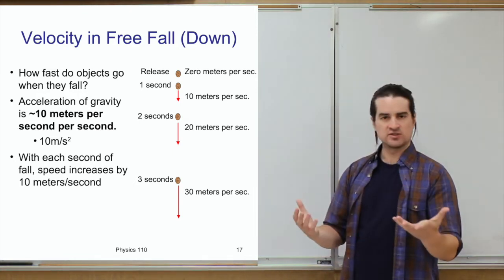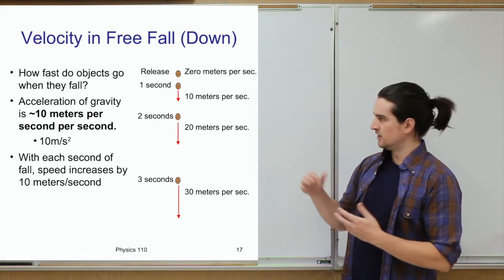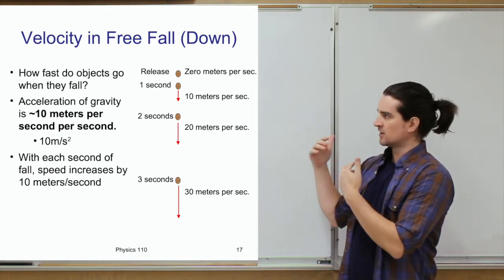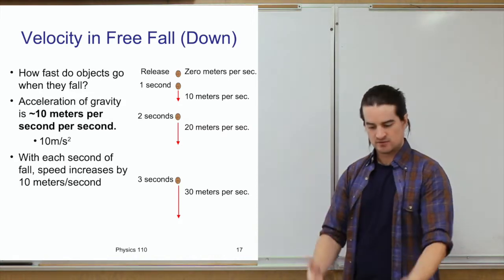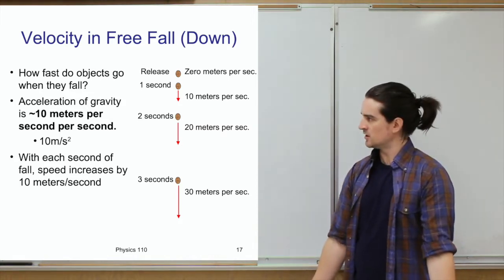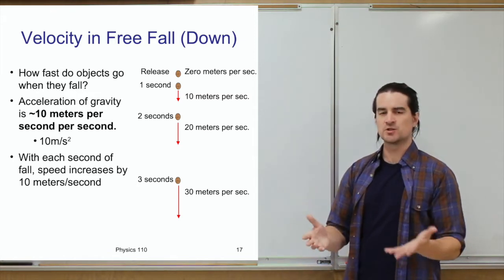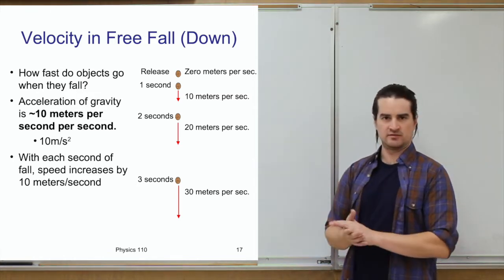So this is the first instance where we'll tell you, and this will come back many different times, that the acceleration due to gravity on the Earth's surface is approximately, pretty close to, 10 meters per second every second.